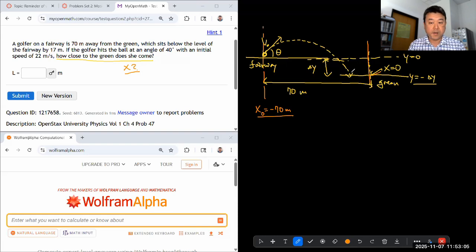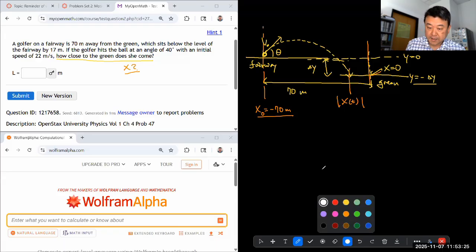Then wherever it lands, if it's negative, then whatever my x value is, its absolute value should be what they are looking for, the L value. And I guess it's possible for this to go over this reference point here, then it will be, again, the absolute value. So let me give that a try.